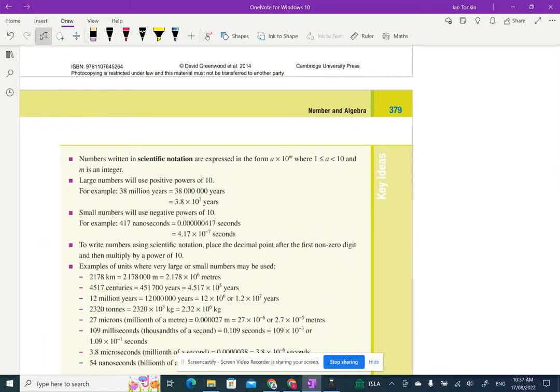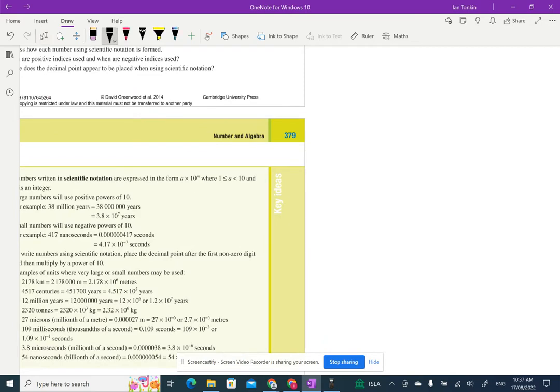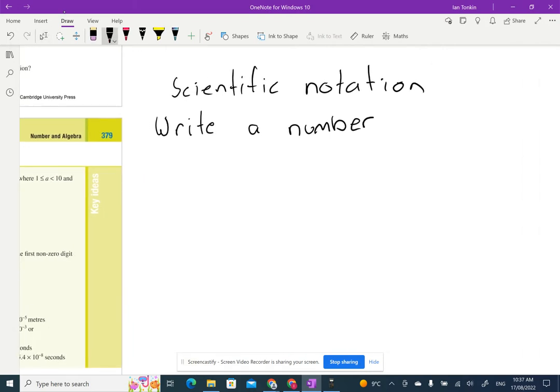scientific notation is just writing. To write something in scientific notation, to convert to scientific notation, you write a number between 1 and 10, and I'm going to use the same letter they used.